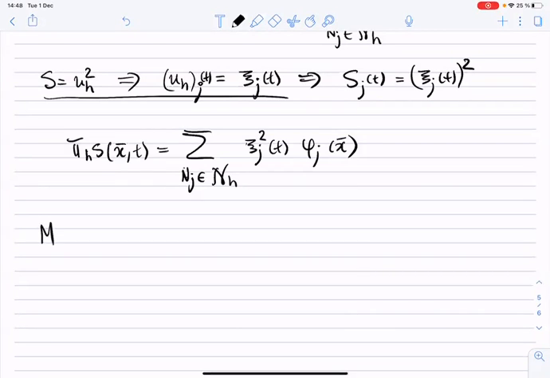So we get the mass matrix times, yeah, we have some time. Maybe I can just write one.